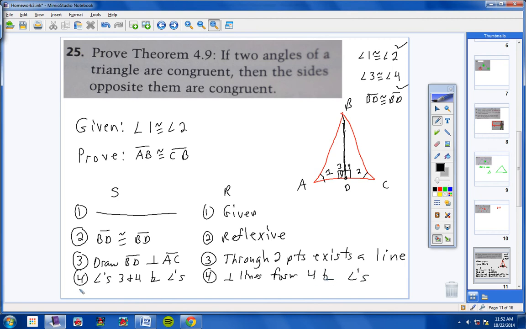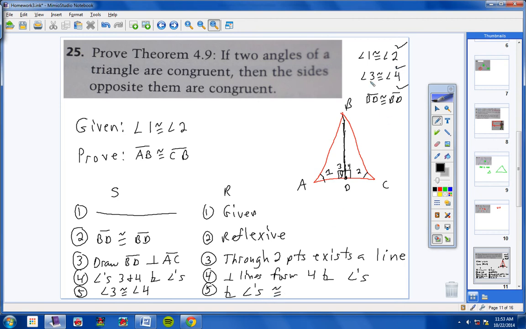Okay? And then we can state angle 3 is congruent to angle 4. And of course the reason would be right angles are congruent. Okay? So check that off.